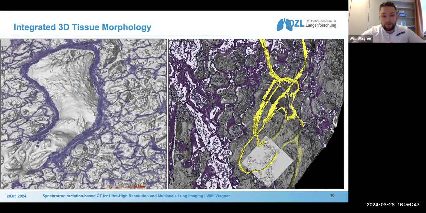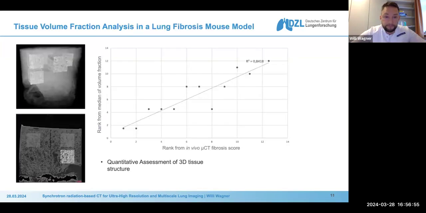If you would only have the purple 2-dimensional tissue slide, you would not understand what's going on here. Of course, not only morphologically is this 3-dimensional information interesting, but it can also be assessed quantitatively.